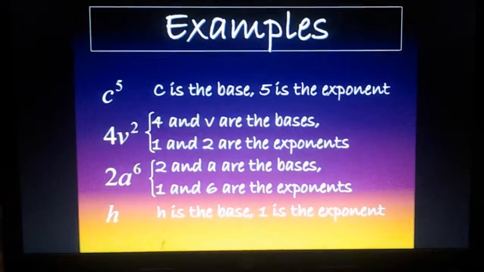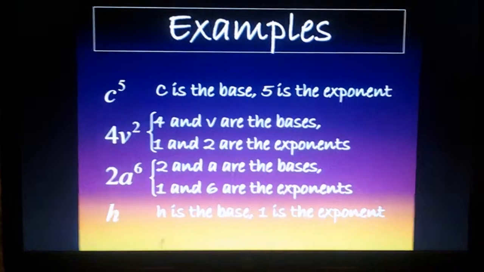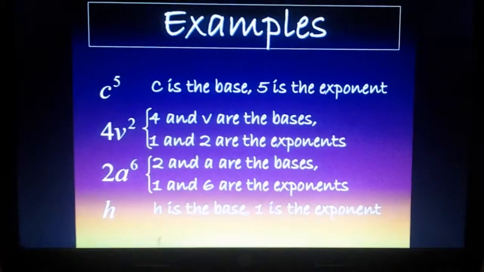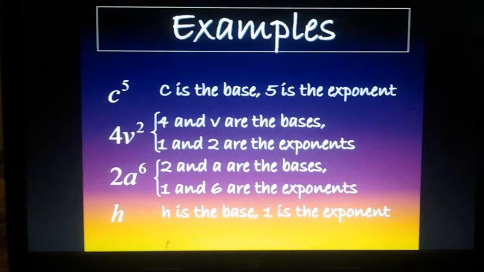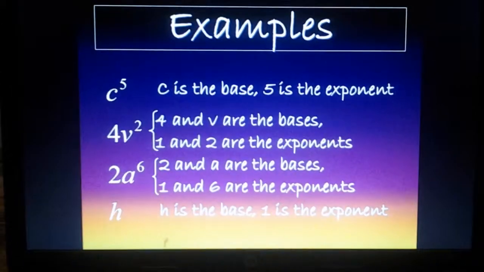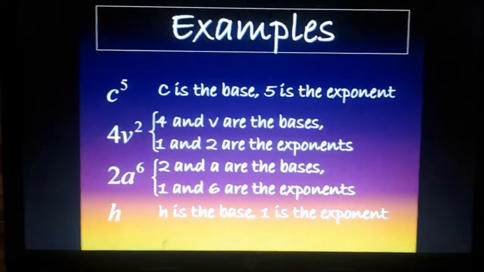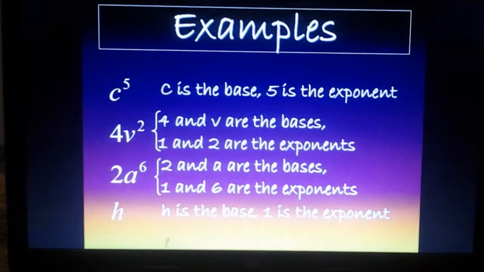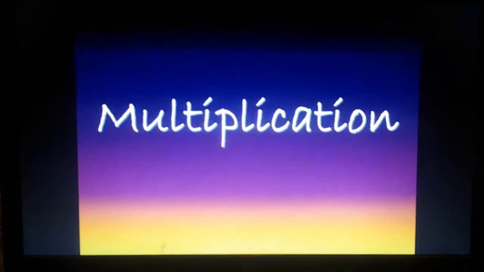For the second one, 4v squared, 4 and v are the bases, 1 and 2 are the exponents. Yes, 4 has the exponent of 1 because there's a 1 there. 2, you guessed it, again, 2 to the first power. 1 and 6 are the exponents, and 2 and a are the bases. Now, h is the base, and 1 is the exponent for the last one.